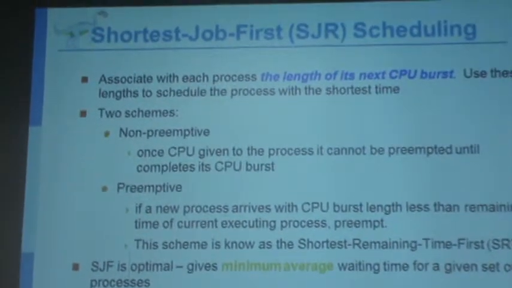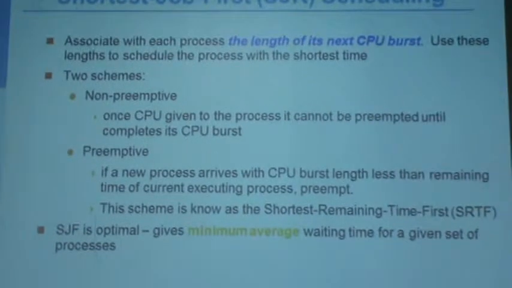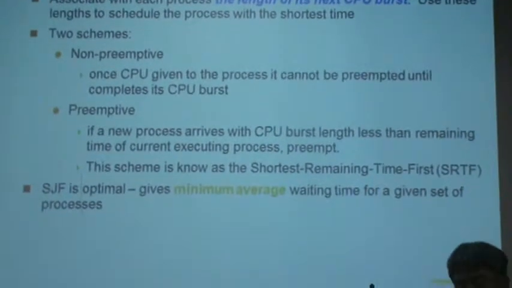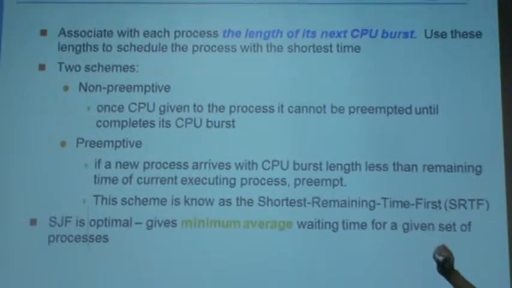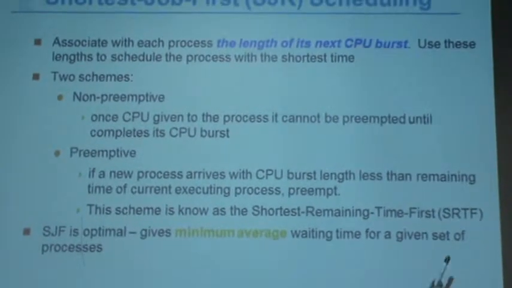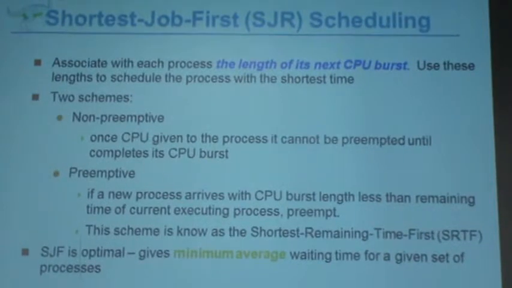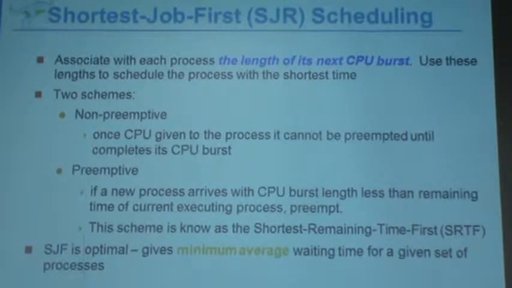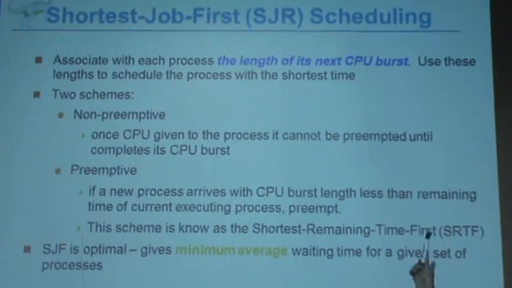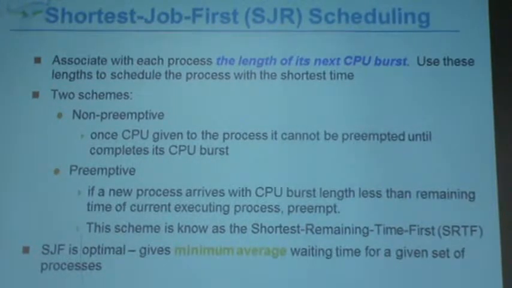By the way, we can classify any CPU scheduling algorithm into two types. One is non-preemptive, another one is preemptive. As I said, a preemptive algorithm means it can be restarted, resumable. And non-preemptive means once started, it should be completed. So, for example, is the first come, first serve FCFS algorithm non-preemptive or preemptive?